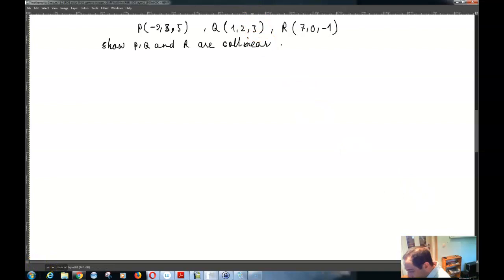Okay, so now first let's plot these points in a 3D plane, and then we will take it from there. So let's say that here is your y-axis.